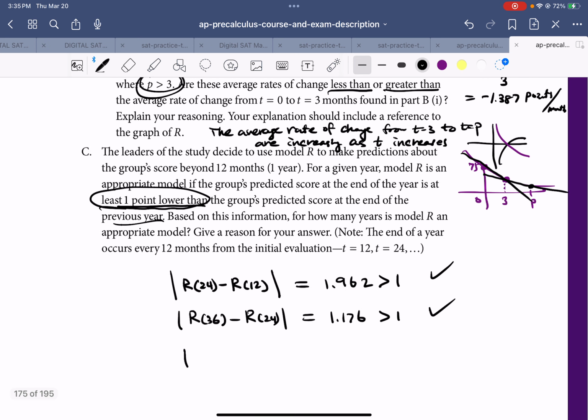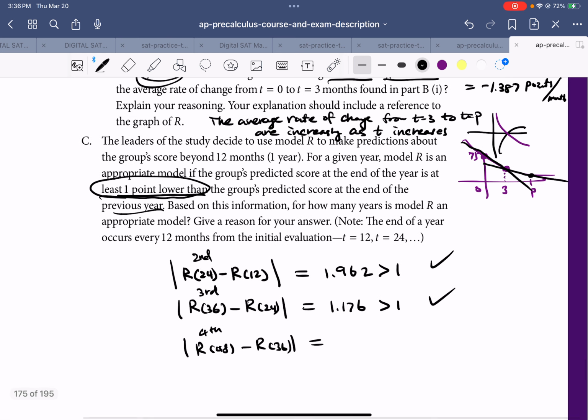Now let's do the fourth year: R of 48 minus R of 36. Once you put those values in the calculator, you will get a little less than 1, which is 0.843, which is less than 1. That means it's not good. It's not valid anymore.